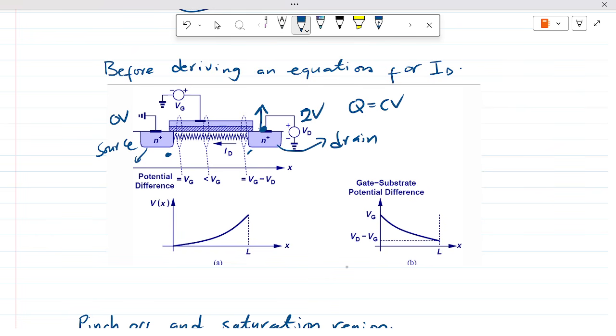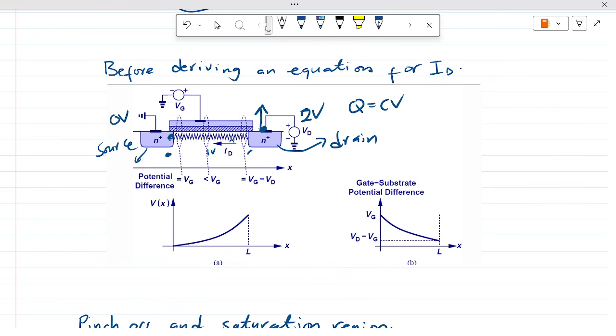So with current flowing through a length of resistance, the potential at each point will be different. For example, I expect the potential at the middle here to be 1 volt, assuming 1 volt would have dropped during the first half of the journey. And during the second half of the journey, I expect all the voltage to be dropped, so the voltage here becomes 0.